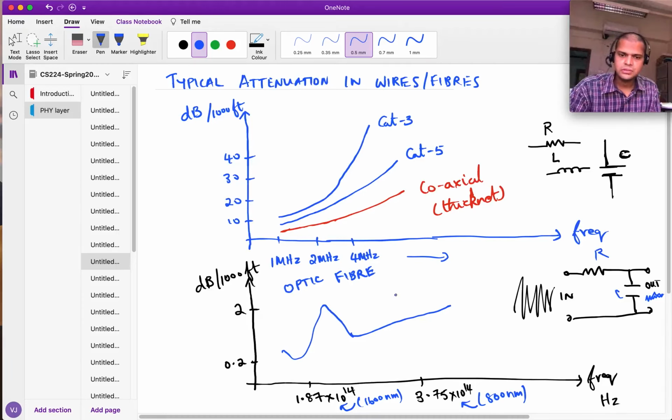Okay, that's the intuition. And so since here you can have a lot more frequency range to transmit information, you can push through much more data. Right, so optic fibers can give you terabits per second, I mean in theory, right? We don't use those kinds of bit rates today, but in theory it's almost limitless. Okay, but of course optic fibers are much more expensive.